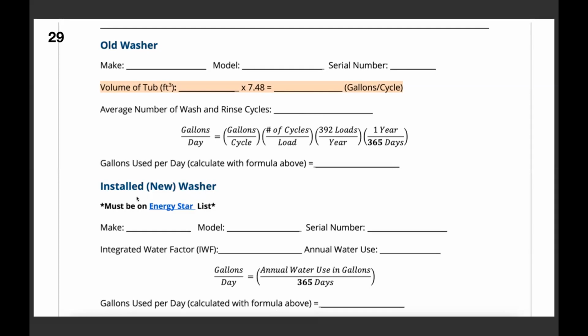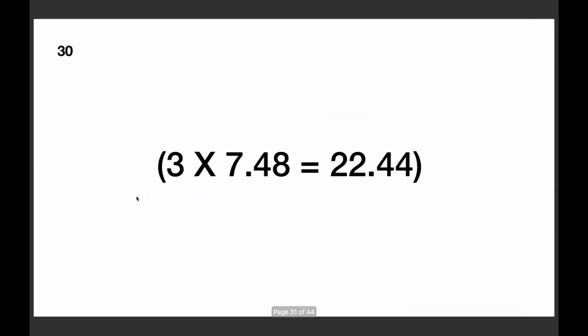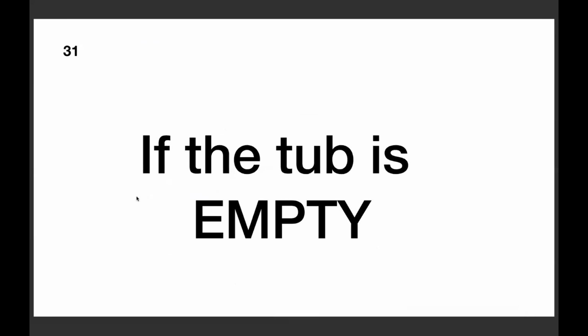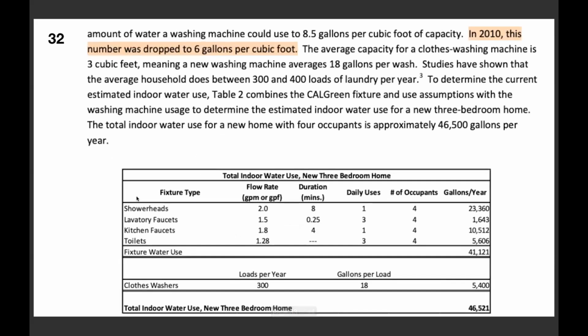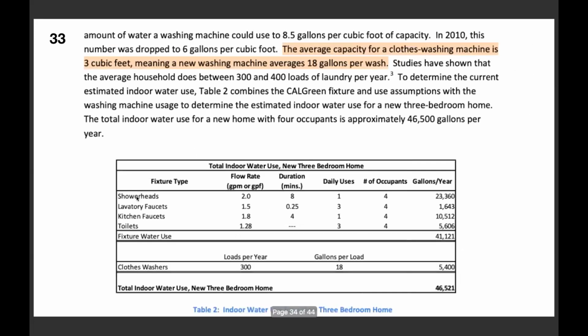So using 7.48 as the multiplier, a 3 cubic foot tub holds about 22 gallons of water if the tub is empty. When you load it with clothes, that much water won't fit. So in 2010, the state changed that number to 6 gallons per cubic foot. The average capacity for a clothes washing machine is 3 cubic feet, meaning a new washing machine averages 18 gallons per wash.